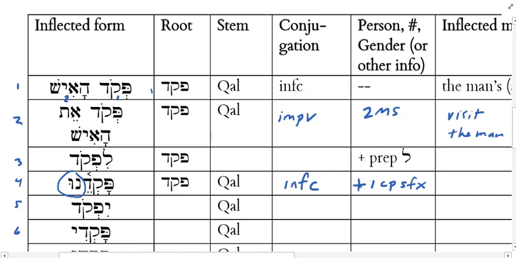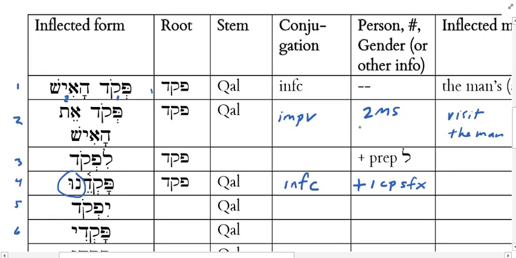What this plus sign is telling me is that it is optional to add the pronominal suffix to it. Okay? I do not have to mark infinitive constructs with pronominal suffix. I don't have to add those. But if I have an imperative, is there such a thing as an imperative that doesn't have a person, gender, number?